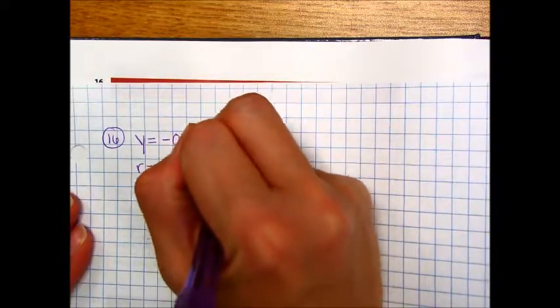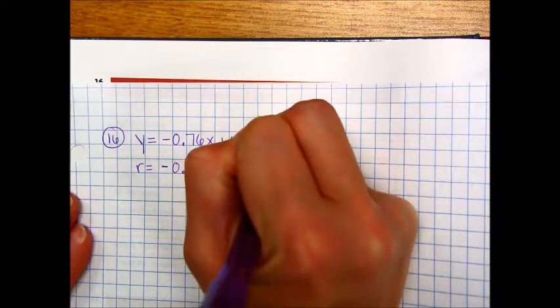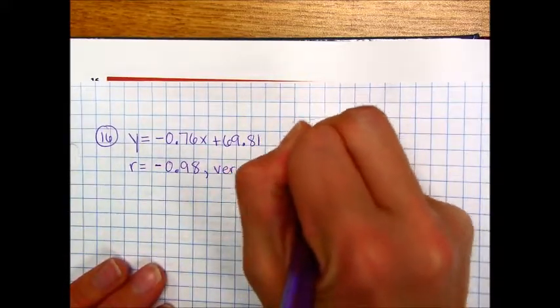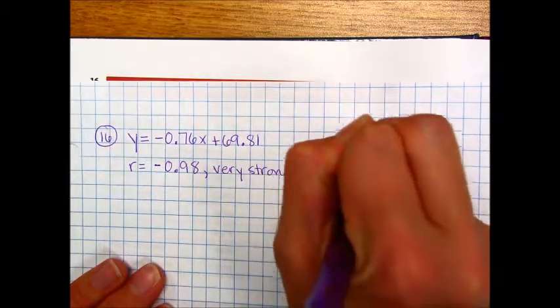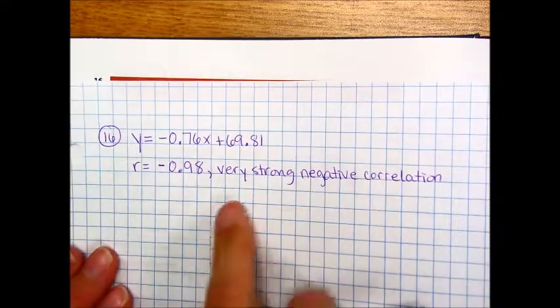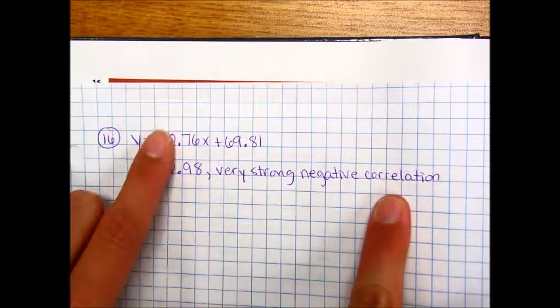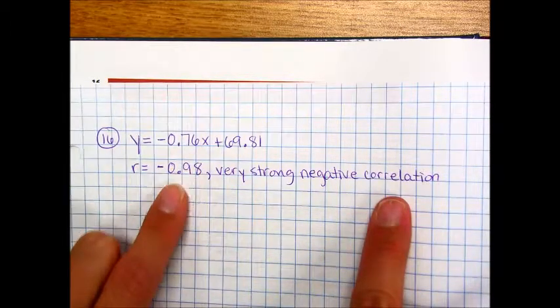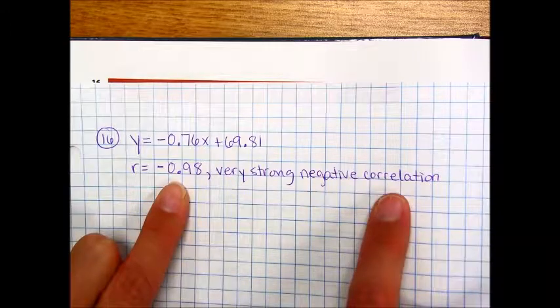So I would say very strong negative correlation. So your points are really strongly linked to that line. So that means that that line of best fit is going to be really, really good for making some estimates.